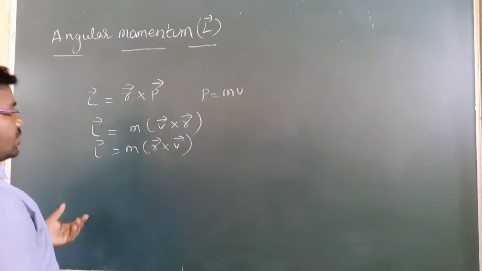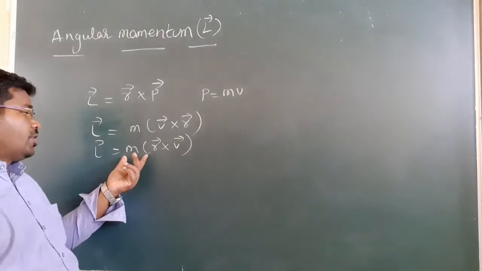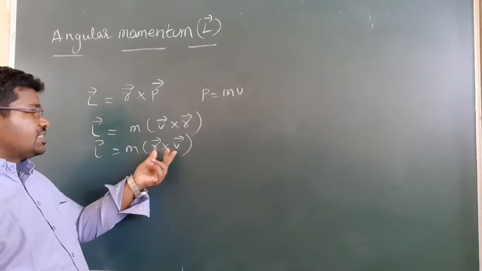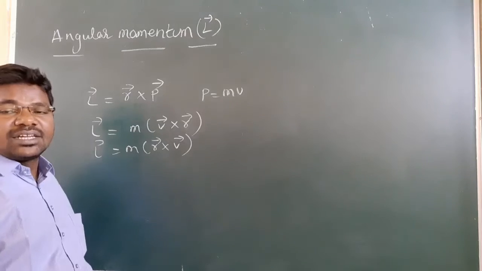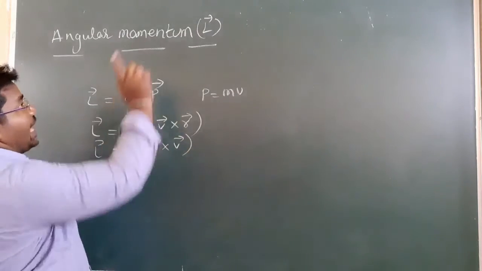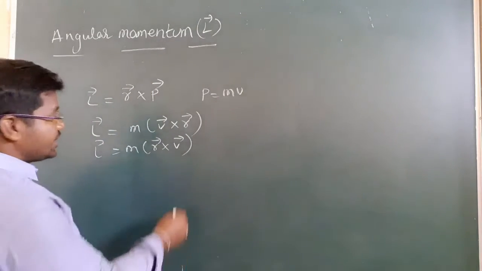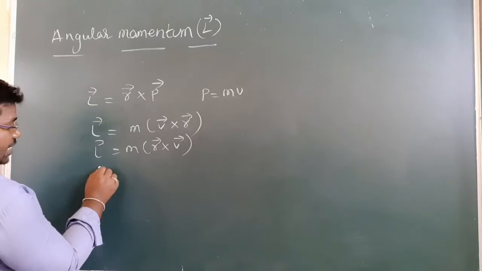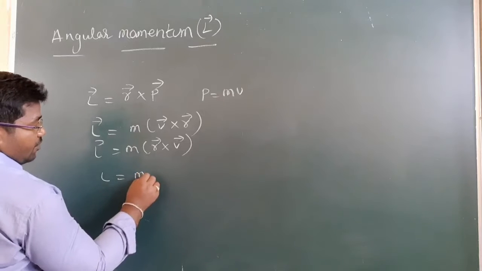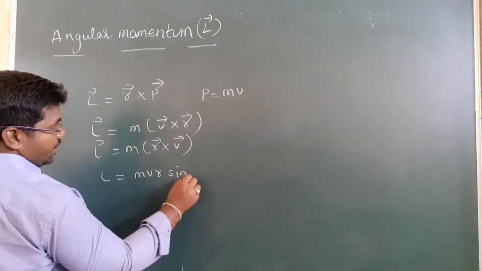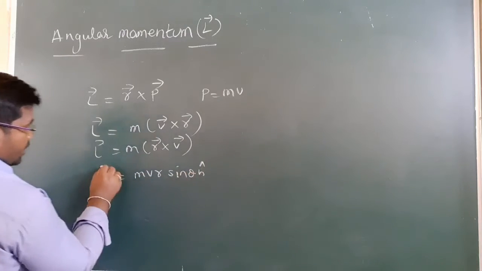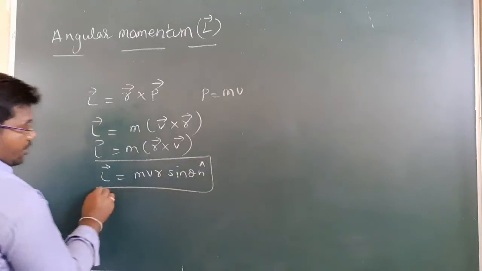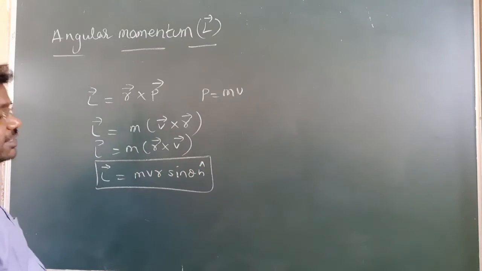The product of mass, radius and velocity of the particle, we can say, is angular momentum. It is a vector product, it obeys the cross product. So we can write L is equal to mvr sin theta n cap.